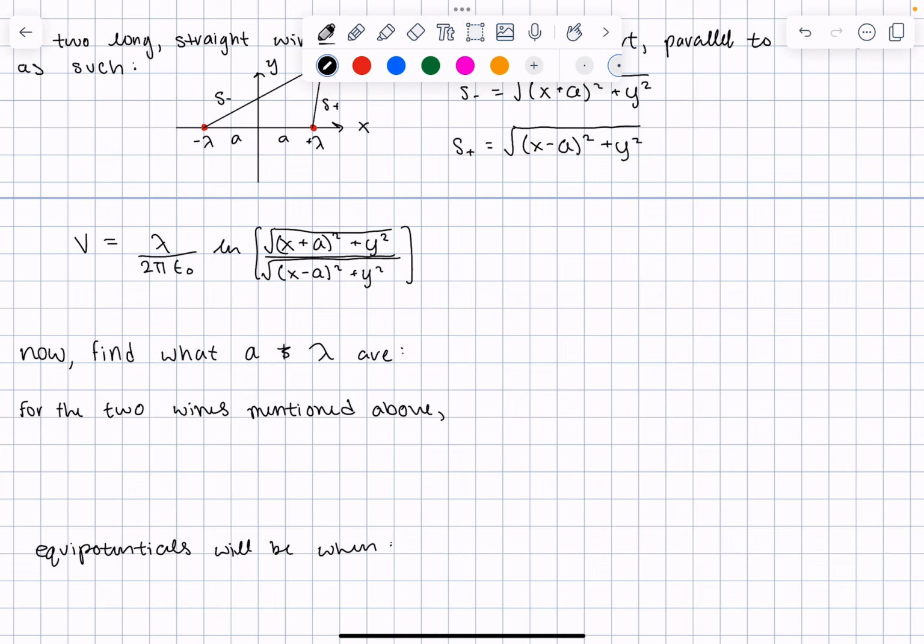And then again, using the properties of our natural log, we can just say that this is equal to lambda over now 4 pi, not 2 pi, 4 pi epsilon naught ln of x plus a squared plus y squared over x minus a squared plus y squared.